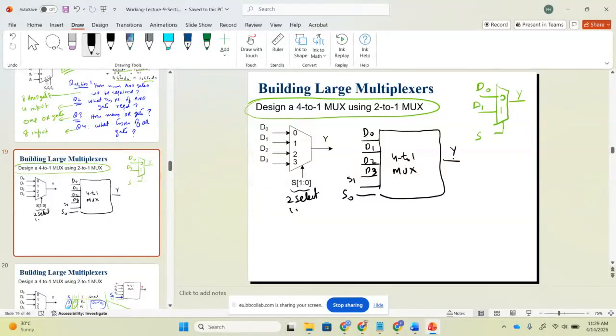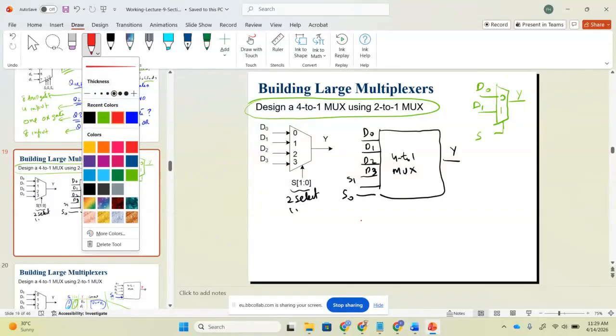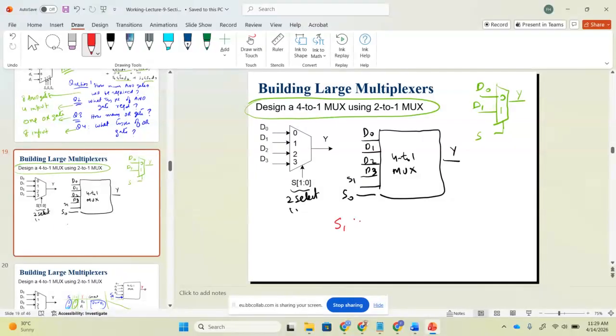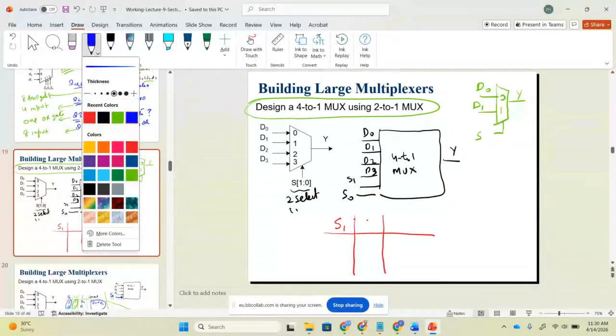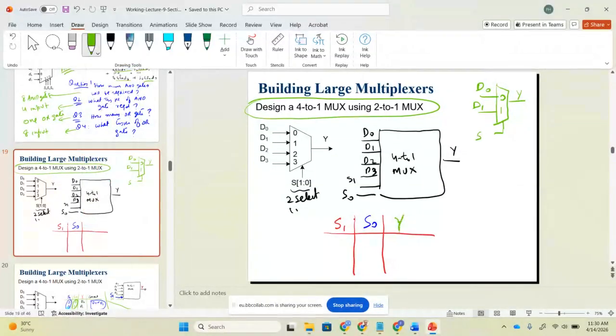Clear or not clear? Okay, now we want to draw the truth table of this, because to design this thing, we need to draw the truth table. I'm going to draw the truth table in red color. We have S1 and S0, and then we have Y. I'm using some colors, and there is a reason for that.